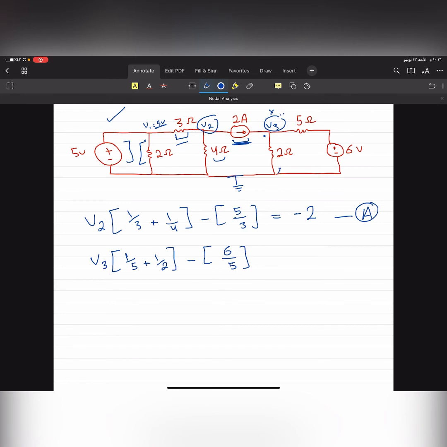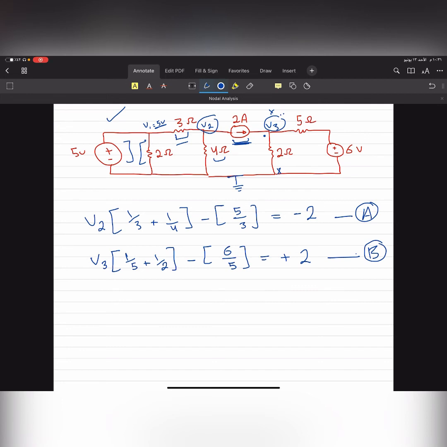Here is 0, skip. Here I have a current source, so that's equal to 2 entering, so it will be positive 2 here. So this is equation B.